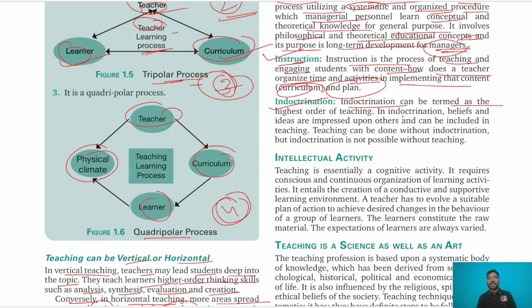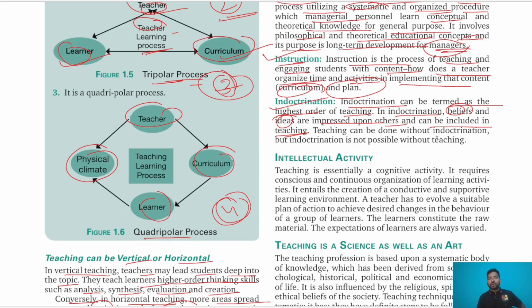Indoctrination can be termed the highest order of teaching. In indoctrination, beliefs and ideas are impressed upon the other, and it can be included in teaching.